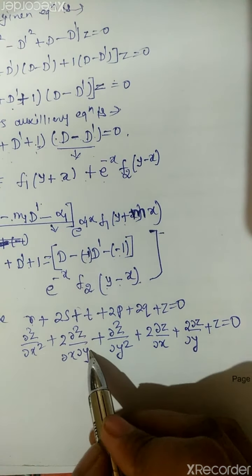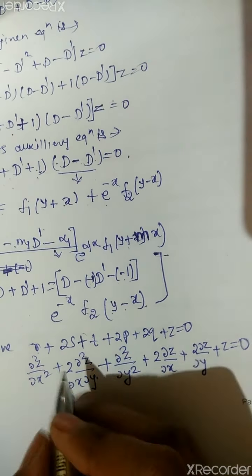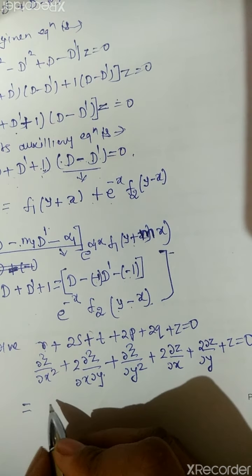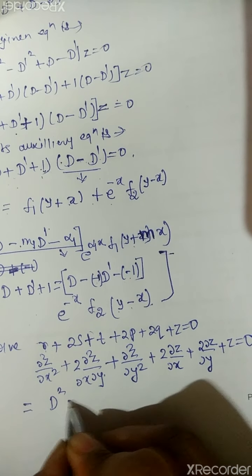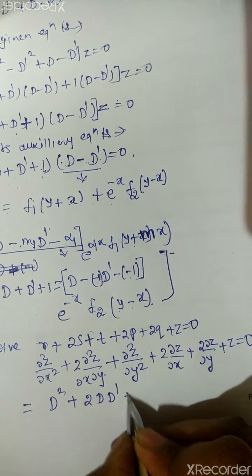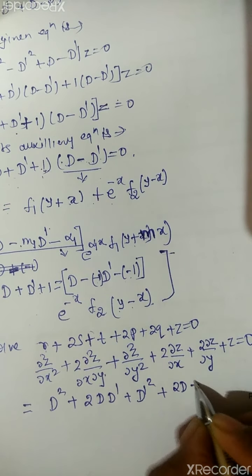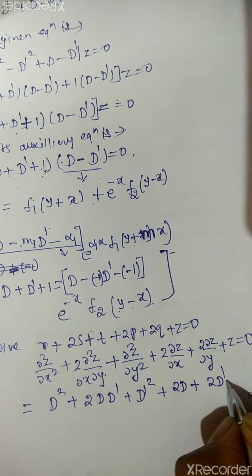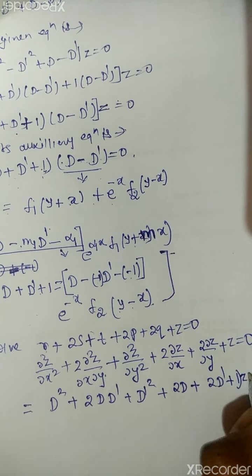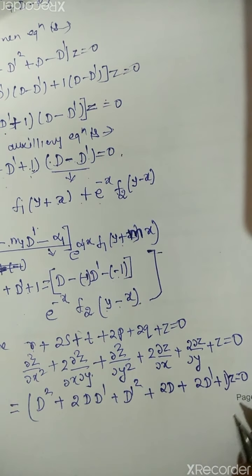So we can write this equation as, okay, fine. So this can be written as this is equals to what? D square plus 2d d dash plus d dash square plus 2d plus 2d dash plus 1, then z equals to 0. Fine. In this way.